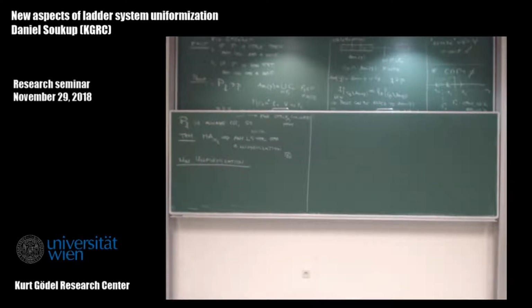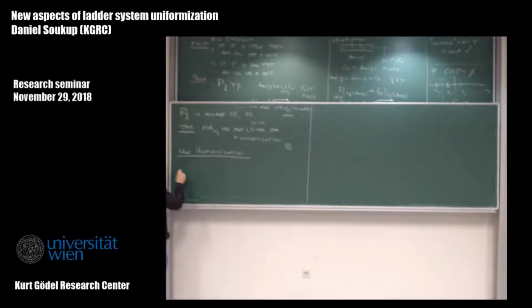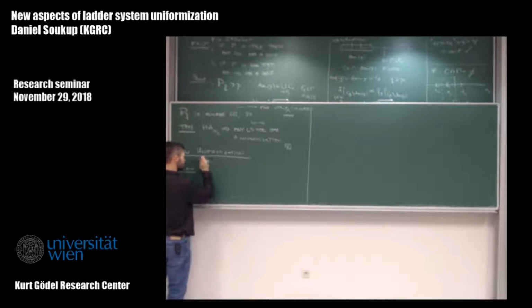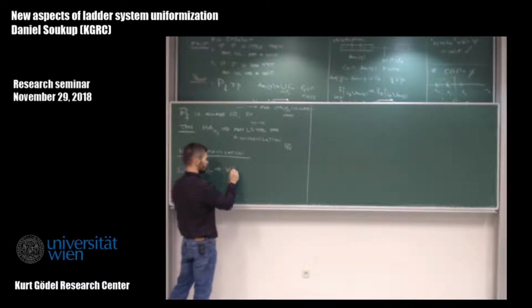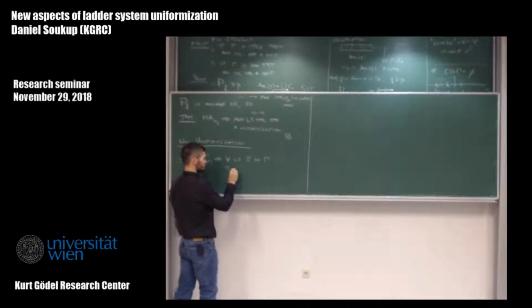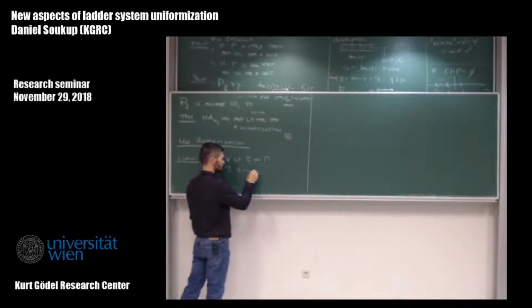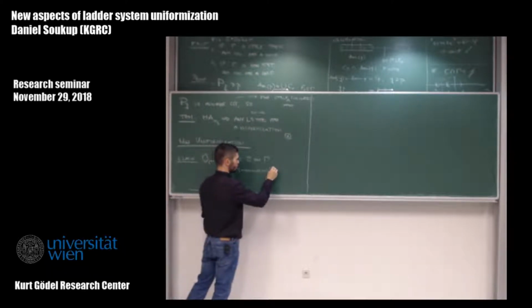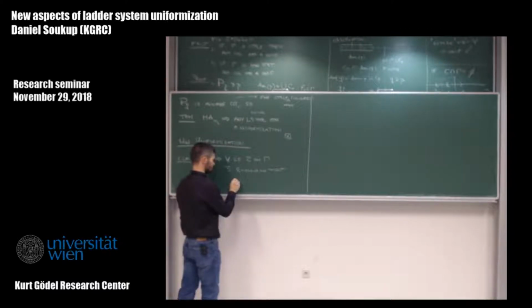Okay, so if Martin's axiom implies this, then you try diamond, and that's going to work. So diamond on gamma implies that for any ladder system C on gamma, there is a 2-coloring without uniformization.